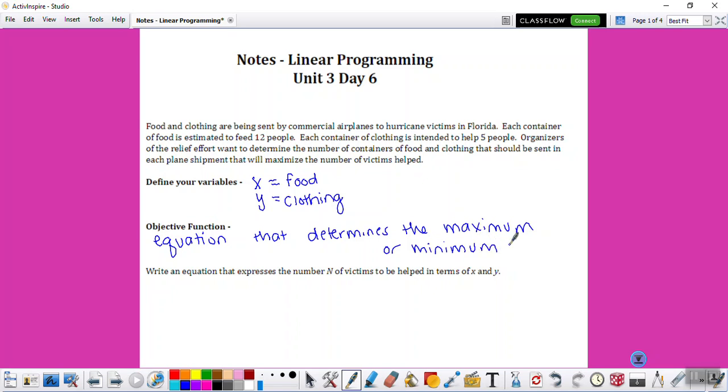So for our situation, we want to write an equation that expresses the number n of victims that can be helped in terms of X and Y. So n. We know that the food container is going to help 12 people, so 12x, plus clothing is going to help 5 people, so 5y. And that's our objective function for this example.